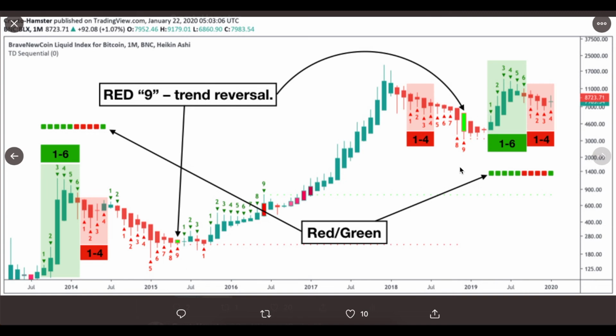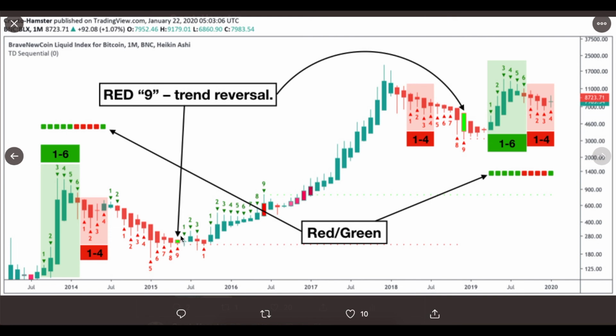So those two well-established bear markets have these reversal red nines, depicting the point when the bear trend is over and we are at least in the accumulation. Maybe we are going to go higher from that point. So this is basically the same thing. And yeah, right now we don't have it. We don't have that at all.